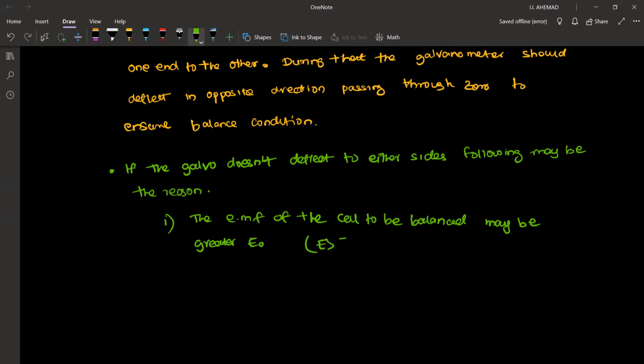So E is greater than E naught. Then obviously you won't get a balance length, right?